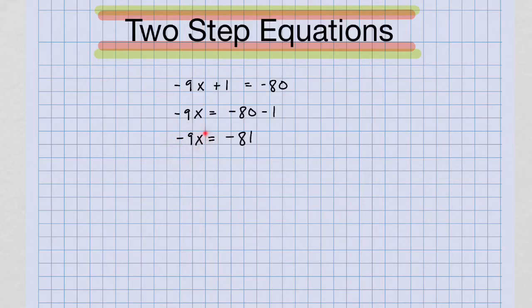This operation is multiplication. So to get rid of multiplication, we need to do division. So we're going to say x equals negative 81 over negative 9. Negative 81 divided by negative 9 is a positive 9, so x equals 9. There's our answer, x equals 9.